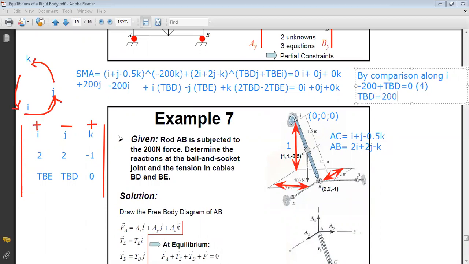Now, when we do the comparison along J, it gives us plus 200 minus TBE equals 0. This is equation number 5, and from this relation I get that TBE is equal to 200.